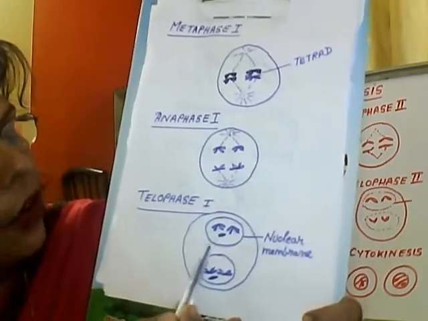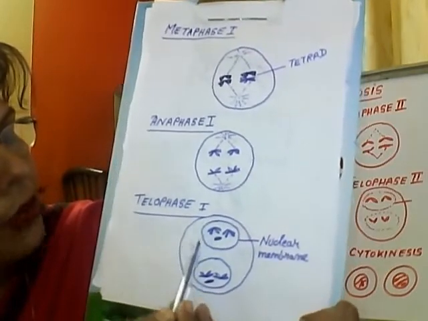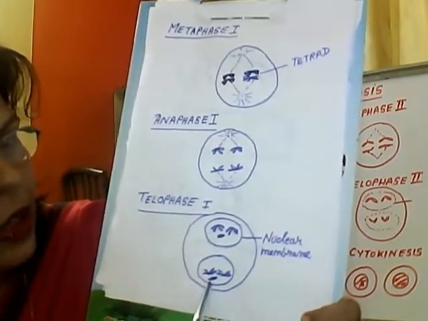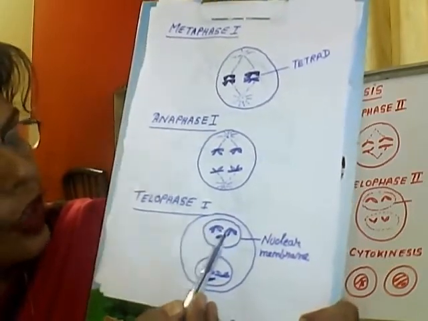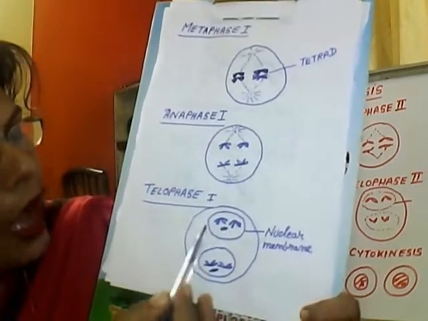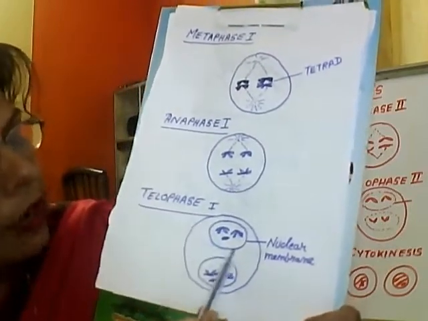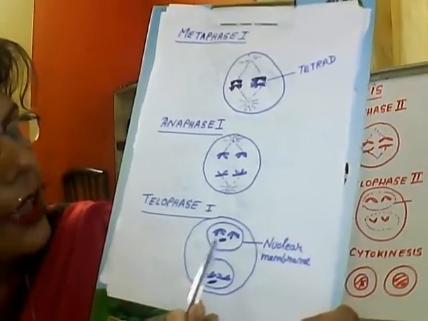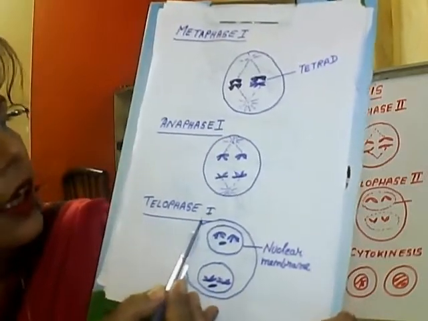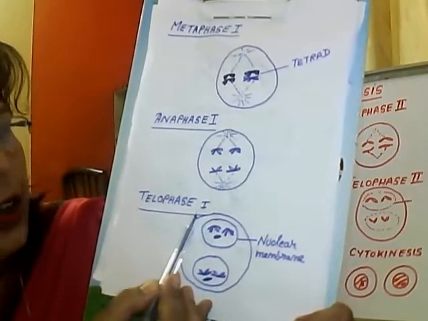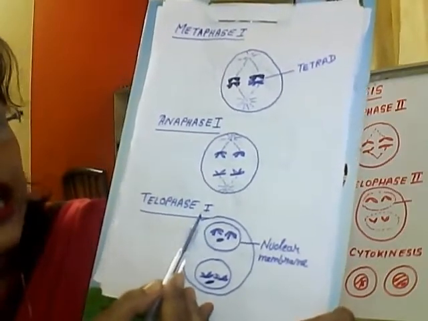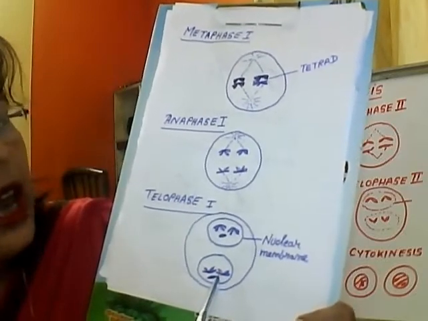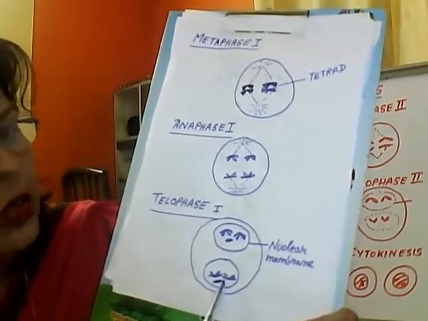After that, the formation or appearance of the nuclear membrane and nucleolus takes place. When they have reached their respective poles and the nuclear membrane and the nucleolus form, it indicates that they have completed the last step of the karyokinesis, that is the telophase 1. So this happens in the karyokinesis of meiosis 1.